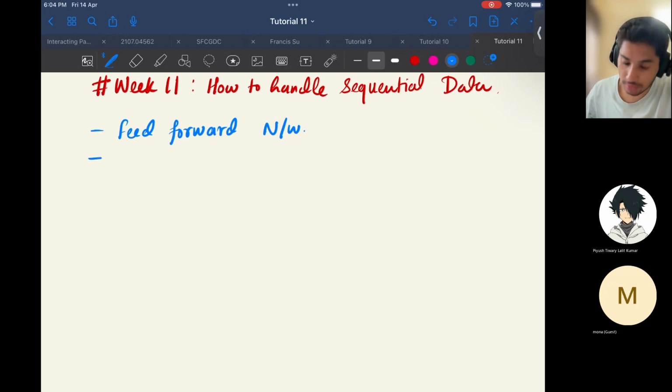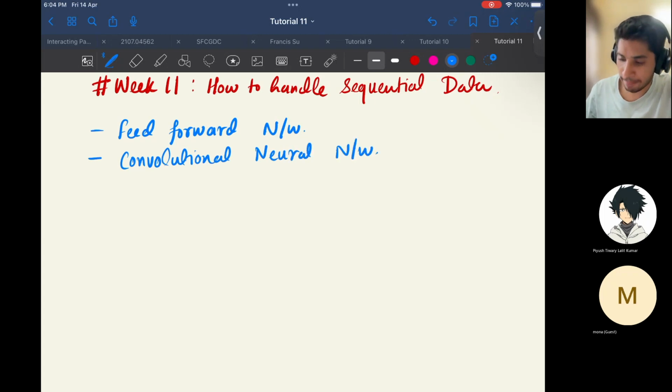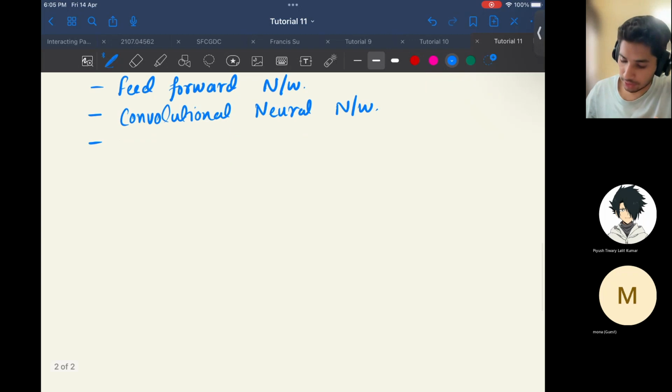To deal with those kinds of data, in particular images, we came across convolutional neural networks. And similarly, this week's focus is going to be on recurrent neural networks.